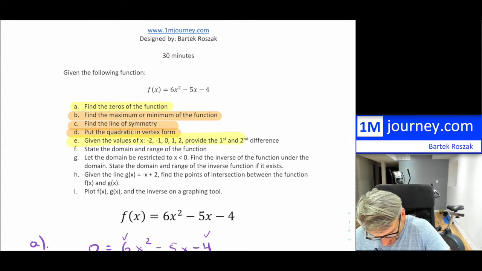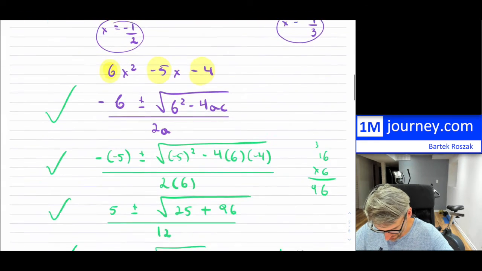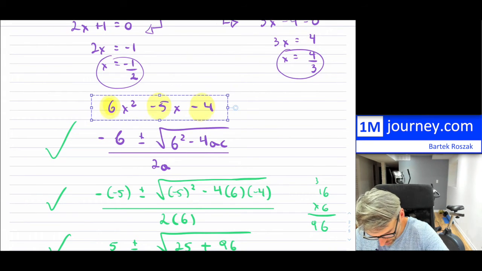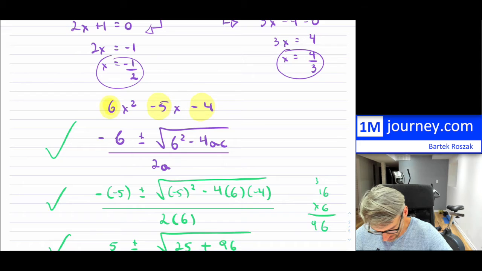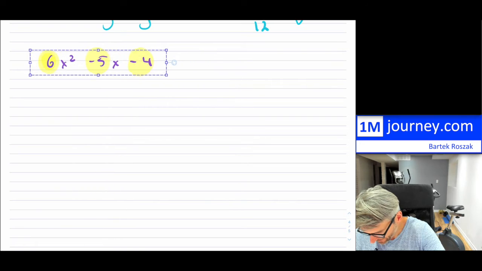So part E. Okay, so provide the first and second difference at those values. So -2, -1, 0, 1, 2. Okay, so let's do that. Let me borrow this. Okay, so the actual function, that's right here.